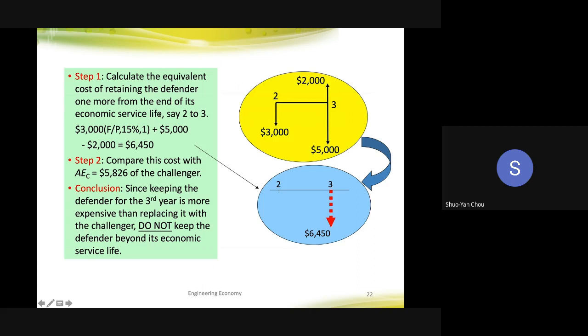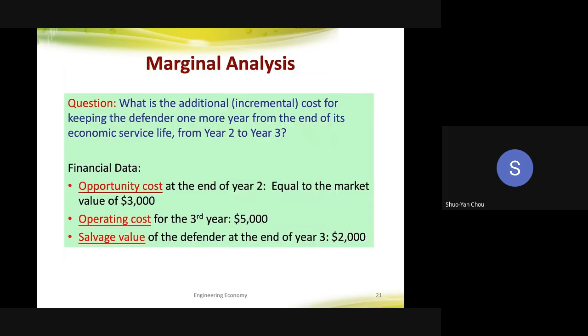So this is to be compared with this one. When we consider this additional amount of money that we may be able to get, we can see that we should replace it, because the annual equivalent cost will be lower than keeping the old machine. Now we are just talking about the marginal analysis.